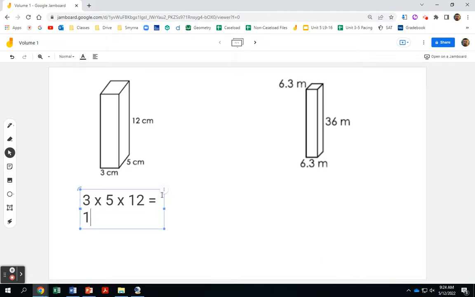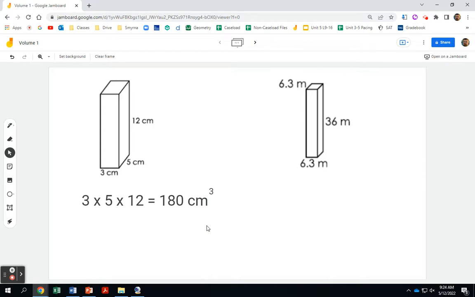Now, you don't want to just put 180 down. First of all, to get credit, you need to show what you did, and then you need to show the answer. But there's one other thing you need to do: label it. This one is in centimeters, so you're going to put cubic centimeters, centimeters cubed, with that little 3 up there.